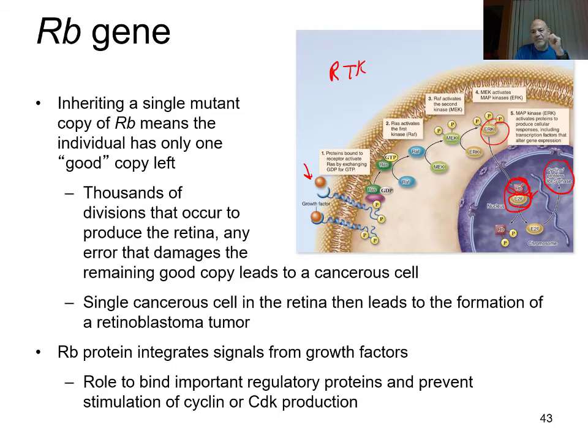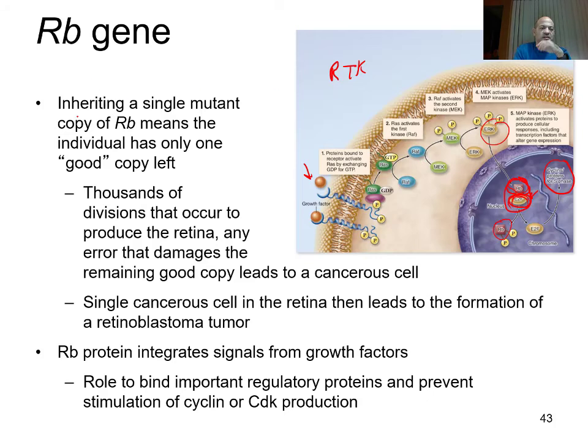Well, imagine if you have both copies of the RB gene bad, the one that can cause retinoblastoma. If both are bad, they're not going to be attaching to and suppressing the transcription factor. And so that would cause those cyclins to be constantly produced, and you would get uncontrolled cell division in that case, right?